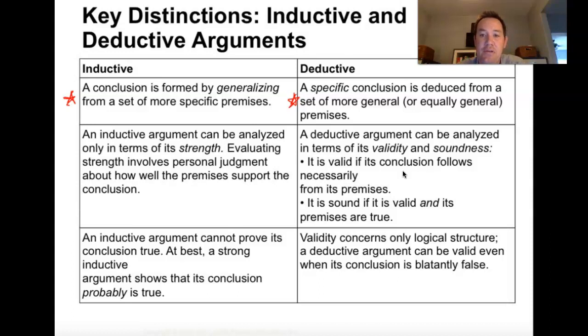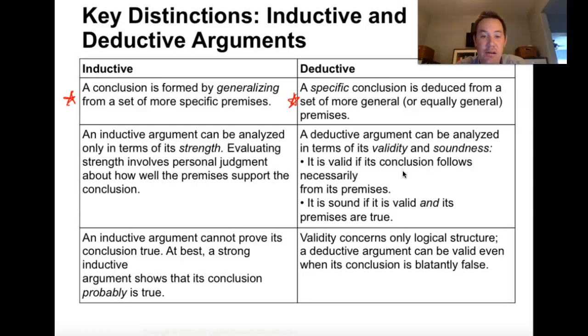Versus deductive, a specific conclusion is deduced from a set of more general premises. An inductive argument can be analyzed only in terms of strength, and a deductive argument we analyze based on two conditions: validity, which is the structure of the argument, and soundness, which is whether we can accept the premises to be true.